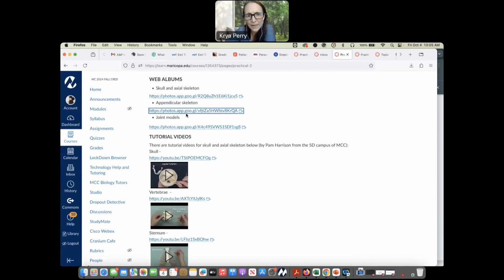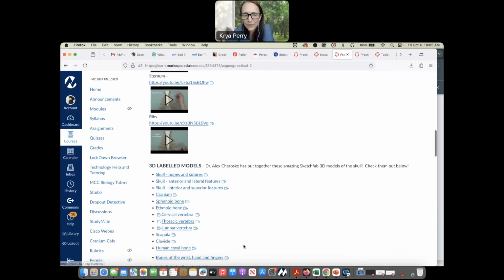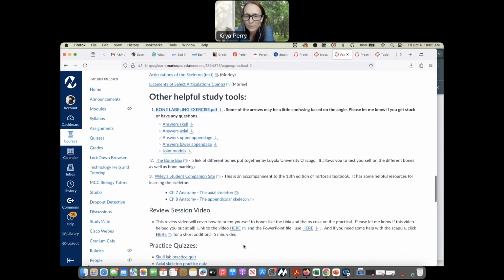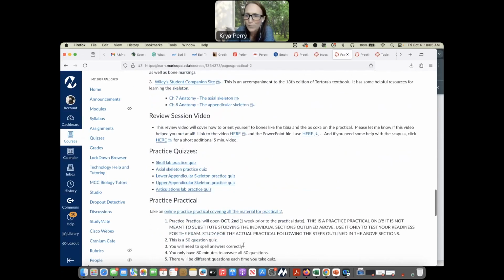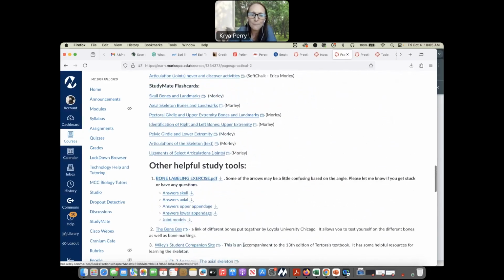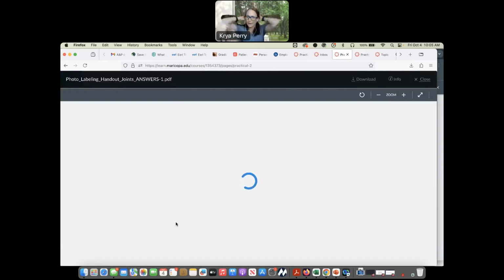I wonder if they pulled those joint models out and put them in this other section. Sometimes they move things around in these Google Photos, because we use them for all of the 201 labs. But if you go down to other helpful study tools, open up the bone labeling exercise for joint models. This one's a really great one.